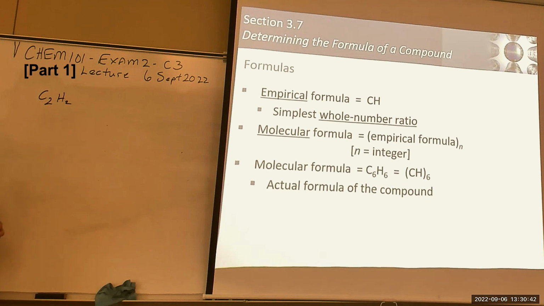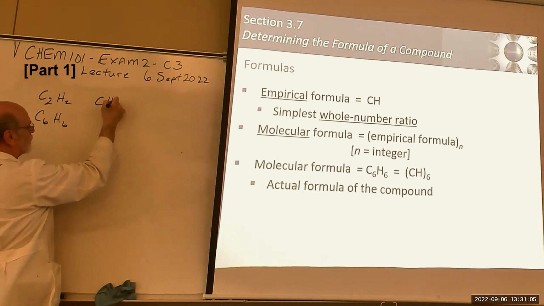which is acetylene, torch gas. Or we have this one, which could be a number of things, but for my purposes, that's benzene. They would be exactly the same empirical formula. What's the simplest whole number ratio of this one?